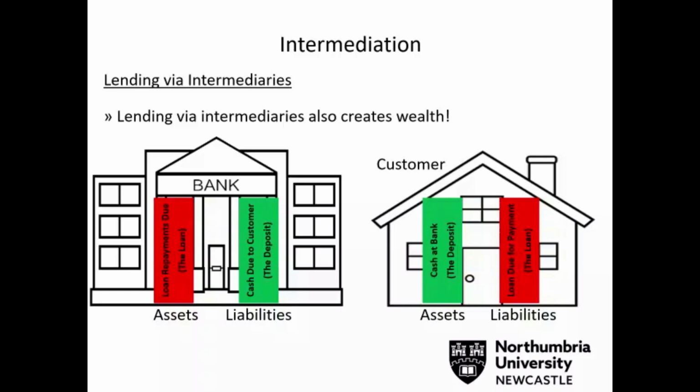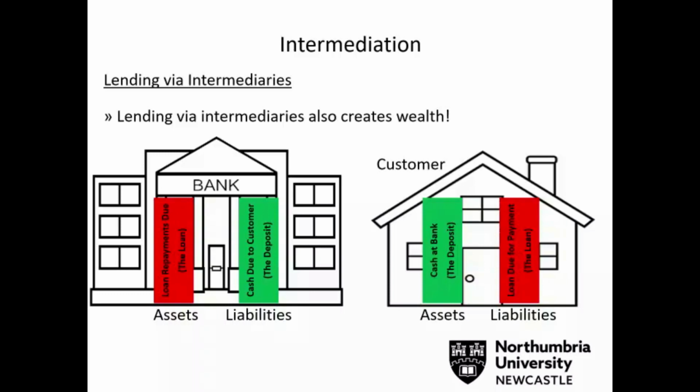This is where the banks start making their money, because they charge more interest on their assets than they pay out on their liabilities, which increases the bank's profitability, which again is generating wealth, because if the banks generate more profit for themselves, then they can potentially lend out more.